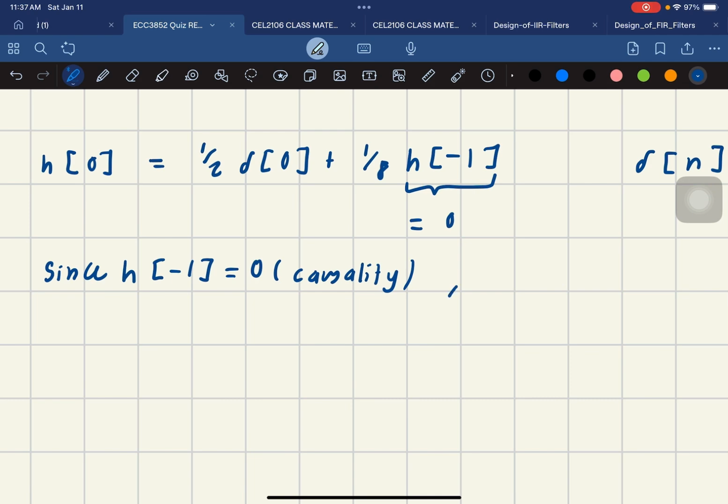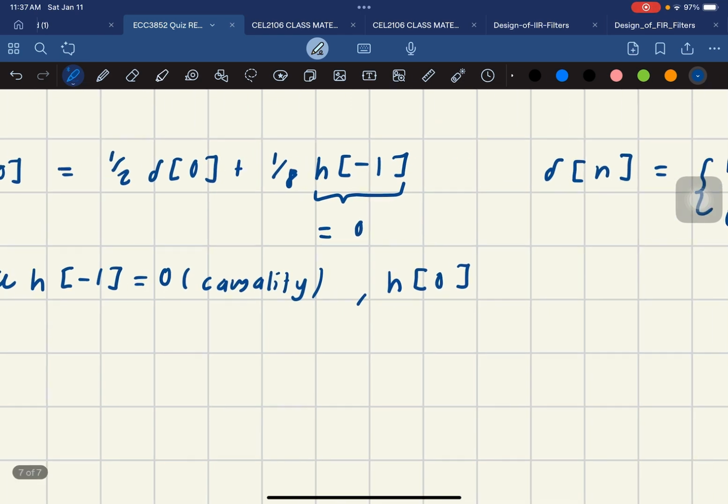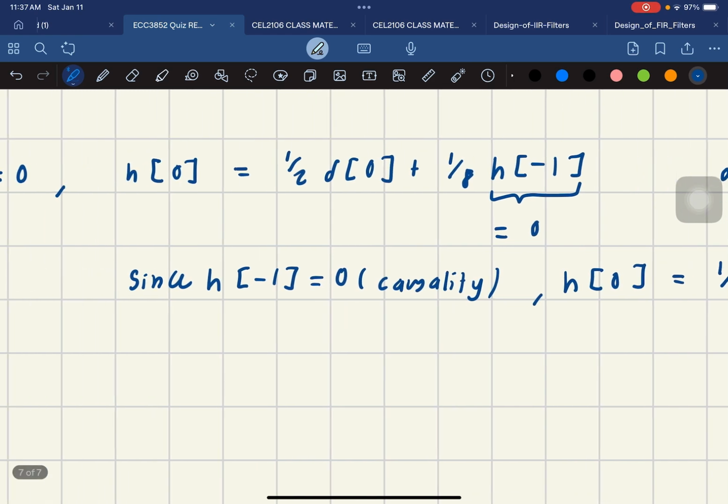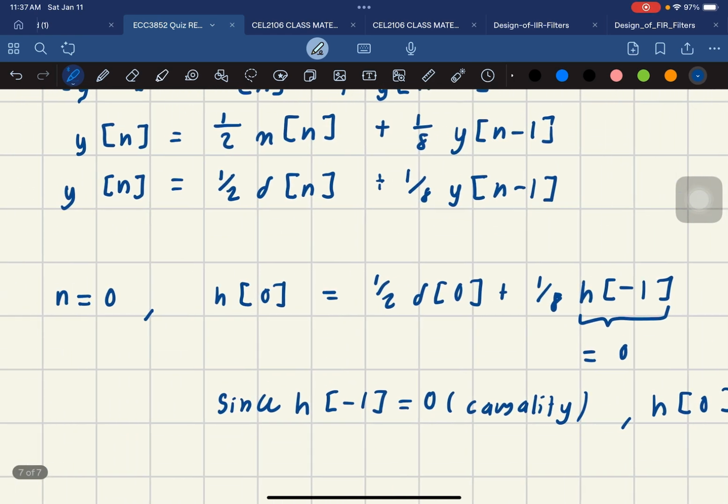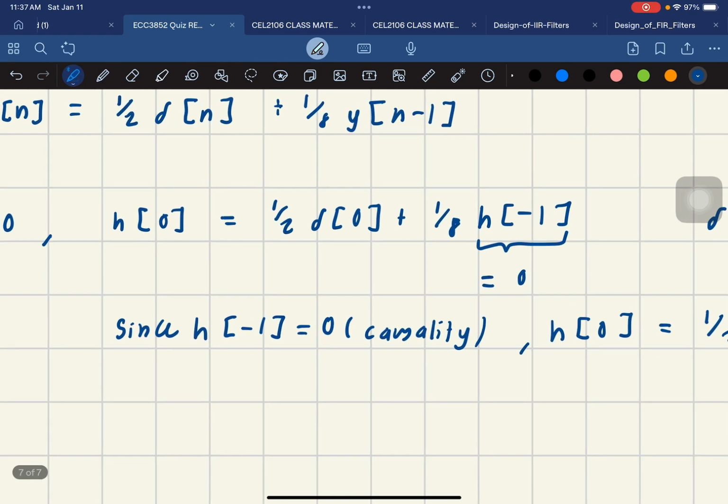So h naught will be 1/2, because this one, 1/8 multiplied with 0, will be 0. So we are only left with 1/2.